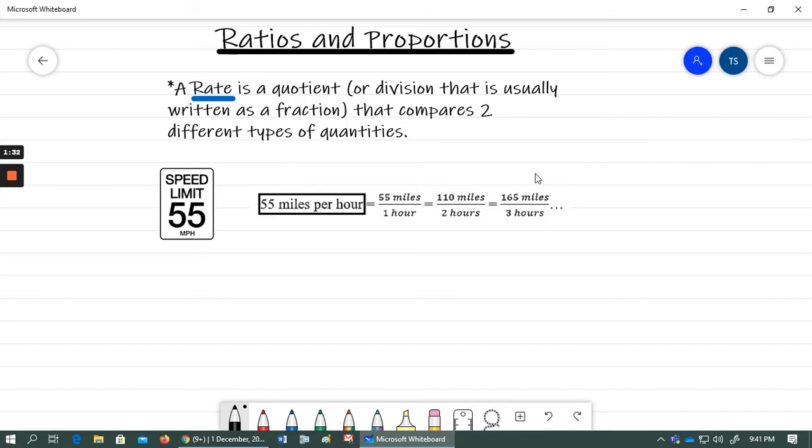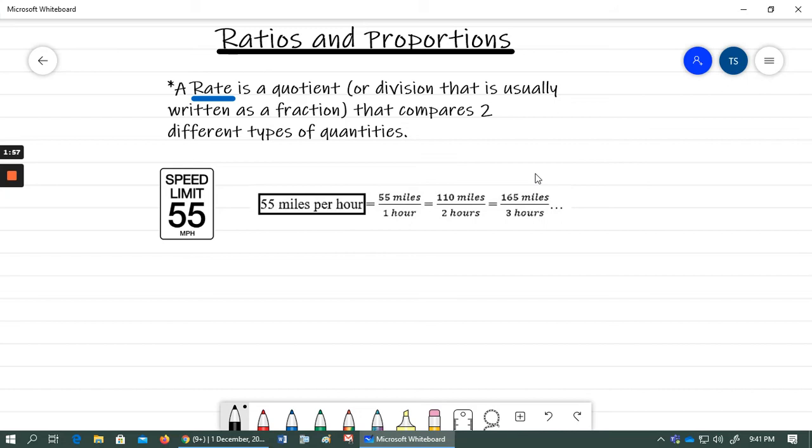All right, so one example of a rate is speed or velocity. Most of you will probably think of a speed limit, like 55 miles per hour. That's considered a rate, 55 miles per hour.